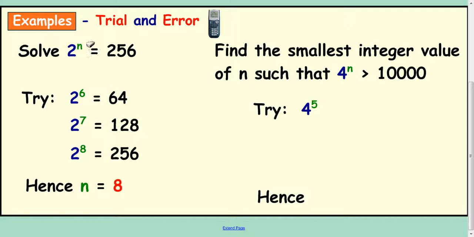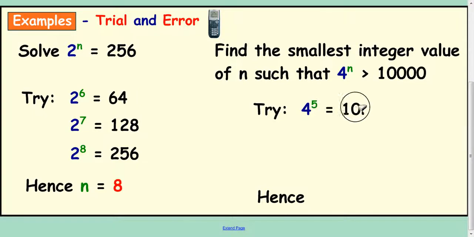Now this trial and error technique we're going to use in more detail later on, and particularly the next lesson, but let's have another look at it here. Find the smallest integer value of n such that 4 to the power of n is greater than 10,000. So try 5. You can pick any starting point. Some starting points will take longer to get the answer than others.